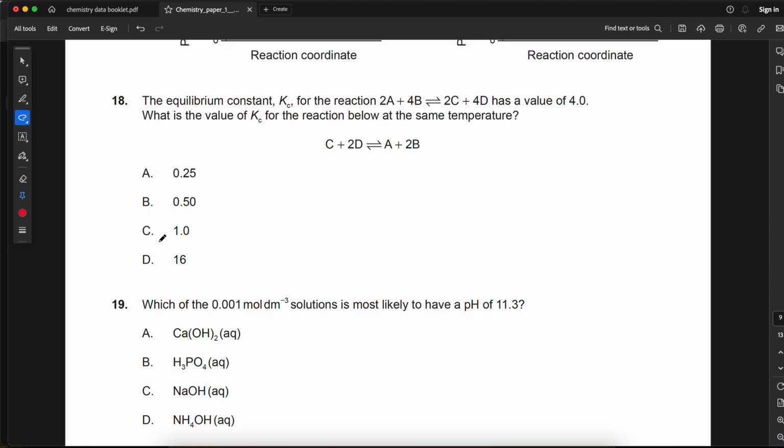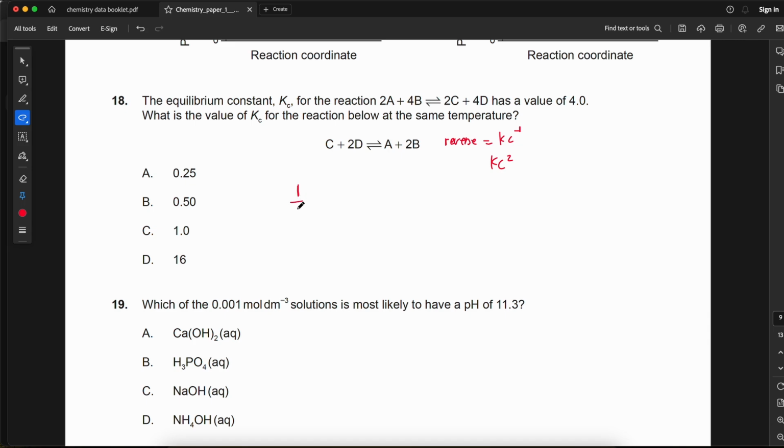The equilibrium constant Kc for the reaction 2A plus 4B produce 2C plus 4D has the value of 4. What is the value of Kc for the reaction below at the same temperature? As you can see, C becomes a reactant, which was before a product, so it's reversed. And the coefficient is halved, so Kc takes the square root, and reversing gives Kc to the power negative 1.